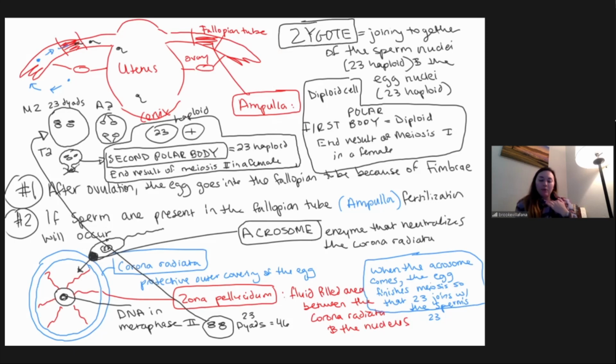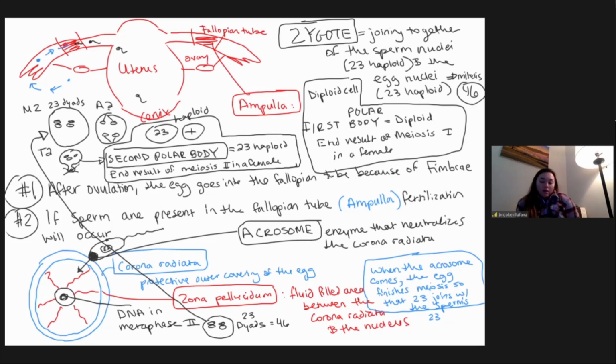What's going to happen after we get that zygote? This will lead to mitosis. Essentially that egg and that sperm now can go through the process of mitosis together because they have 46, right? 23 and 23 led to 46, and they can keep going through mitosis.